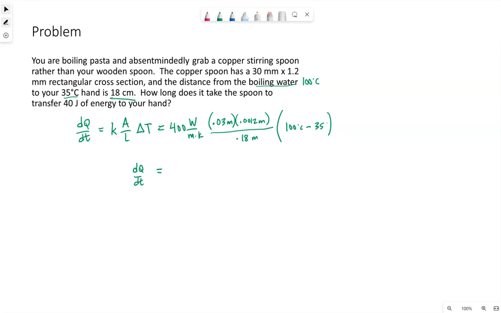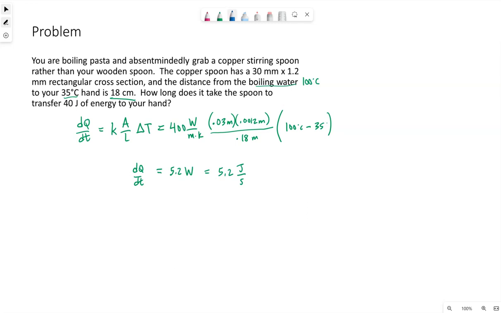So dQ/dt, the rate at which this energy is transferred, making the calculations here, 5.2 watts, or 5.2 joules per second.